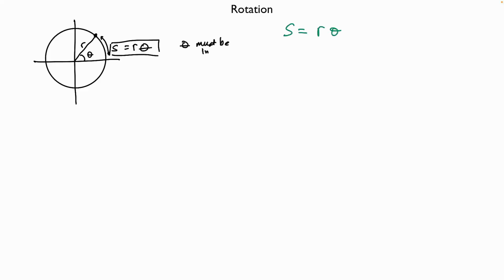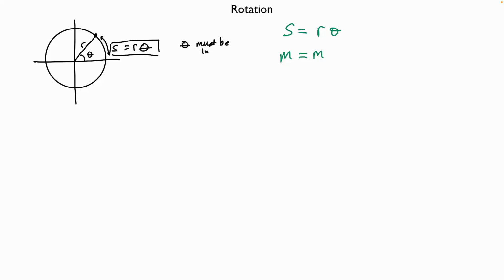What are the units of arc length? Meters. Okay? Some length thing. We'll just say meters. What are the units of a radius? Meters. A radius is a distance, from the center to wherever the outside edge of the circle is. So that's a meter.